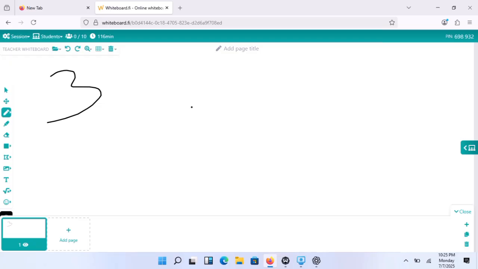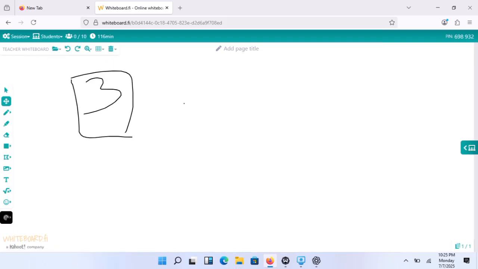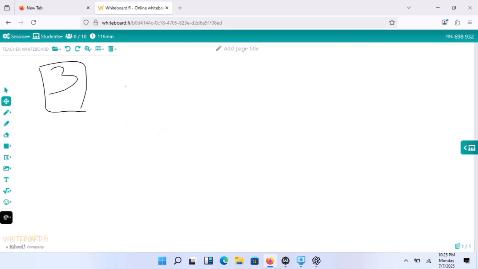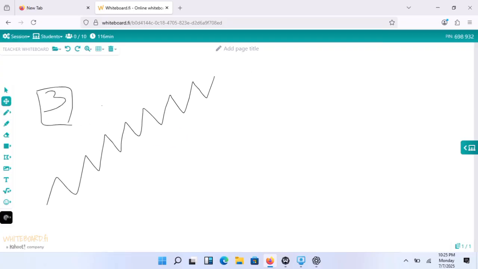Now the three types of structures are: the first one is the uptrend. When something is going up, it's called an uptrend.